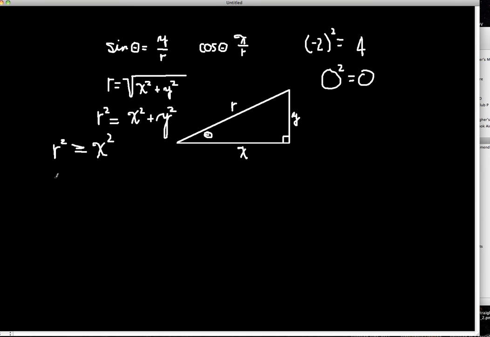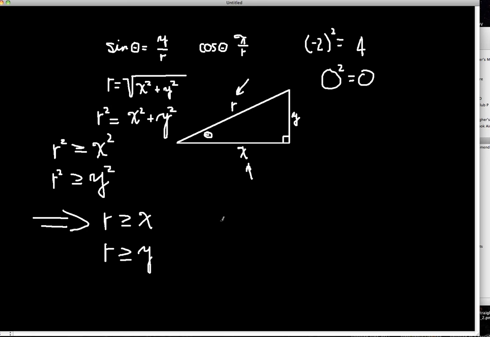So r squared is always greater than or equal to x squared, and r squared is always greater than or equal to y squared. Because of that, I can say that this implies that r will always be greater than or equal to x. In other words, the hypotenuse is always greater than or equal to x, and r is always greater than or equal to y.